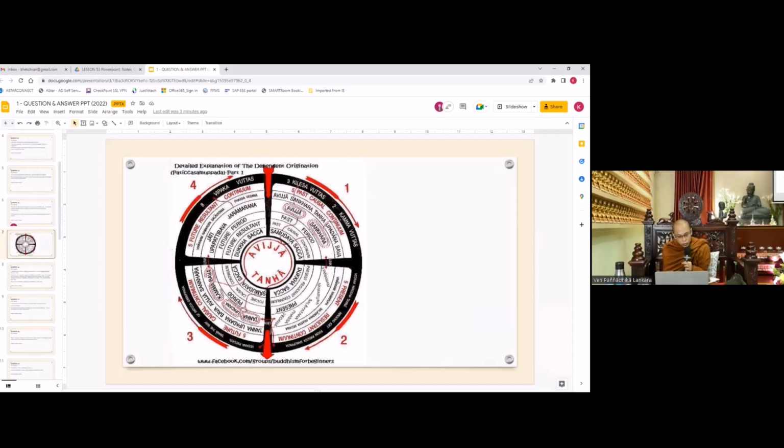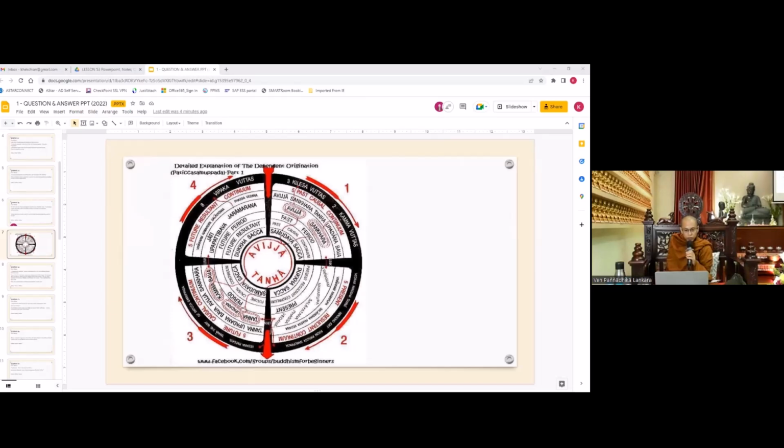So if you want to cut off the avijja, you have to eradicate avijja there. How can I do that? The method is, inside at the deeper level, in the middle point, it mentions the two roots, avijja and sankhara.